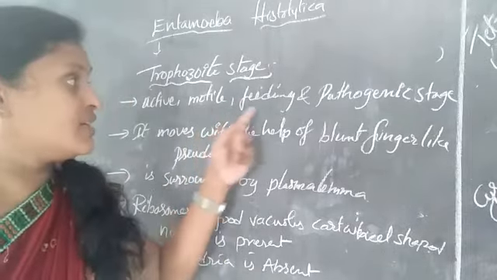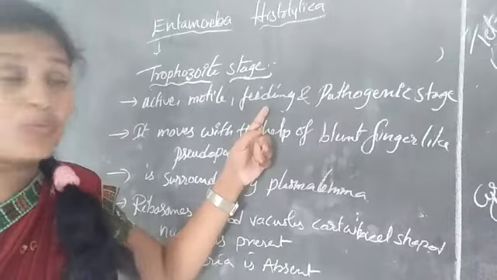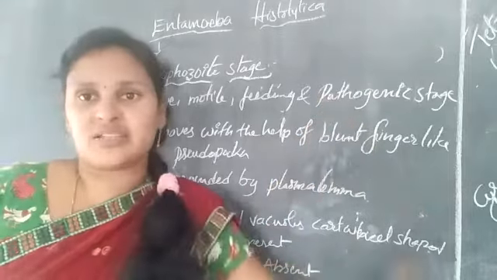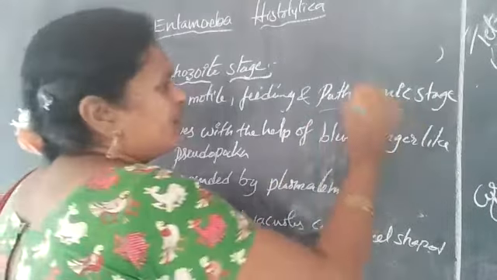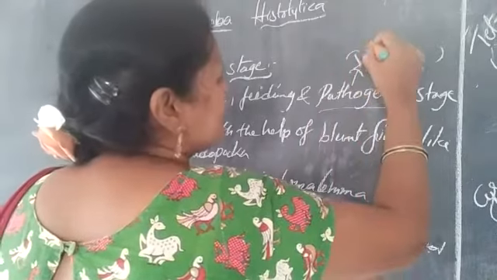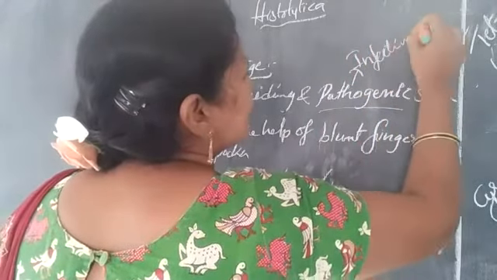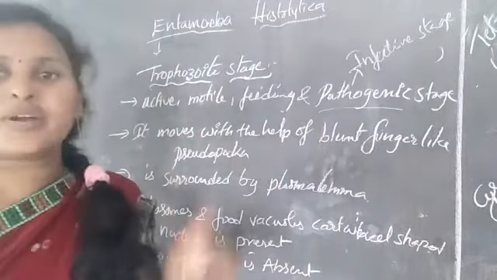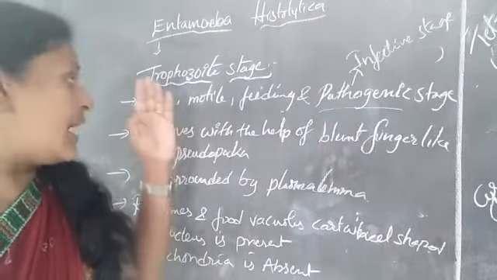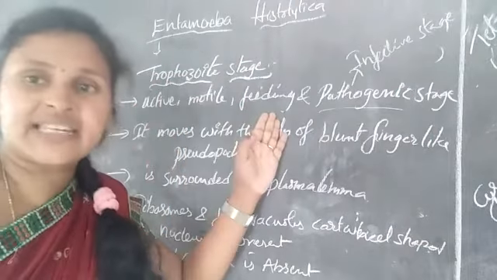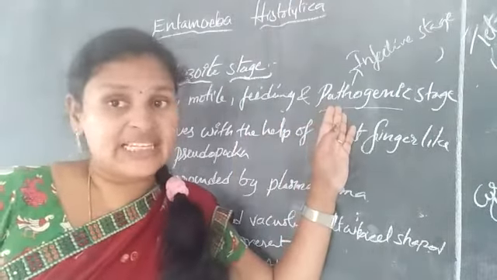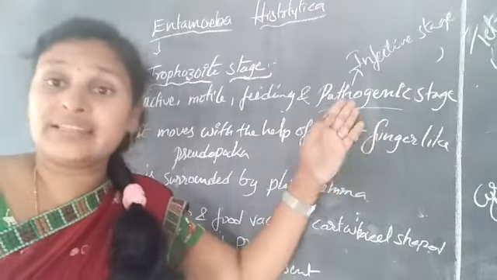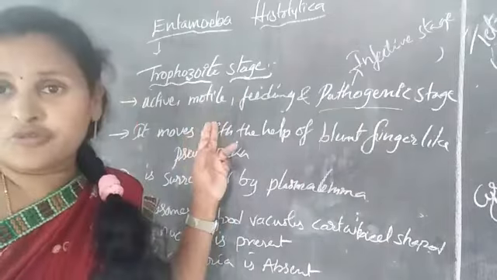It is also a feeding stage, taking in a large amount of food, and it is a pathogenic stage. Pathogenic stage means infective stage, so it is easily infected to another person.